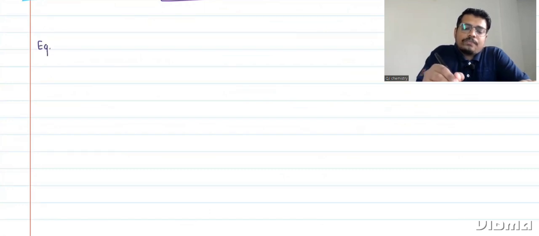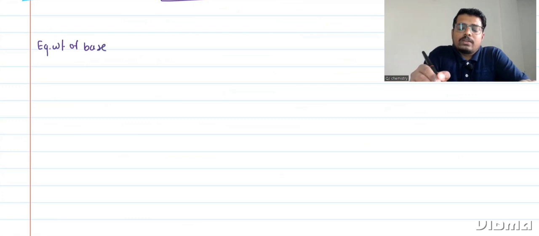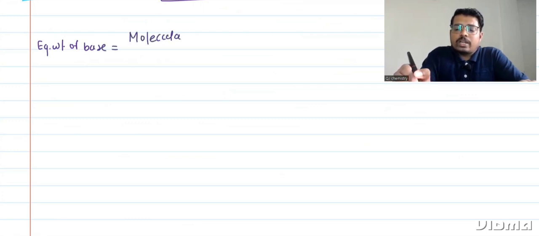Equivalent weight of base is, formula is the same, its molecular weight divided by N factor, which is the acidity of base.